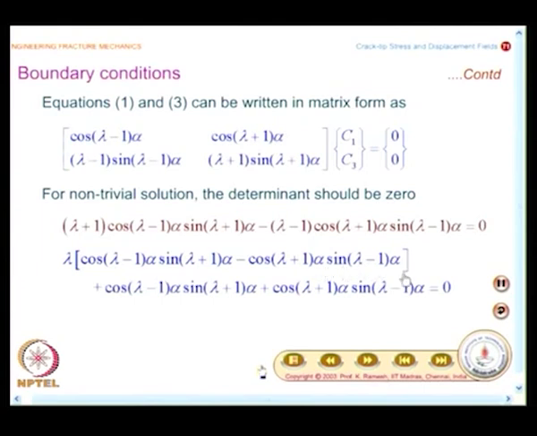So I have something like cos A sin B minus cos B sin A. When I have something like this, it is possible for me to simplify further.